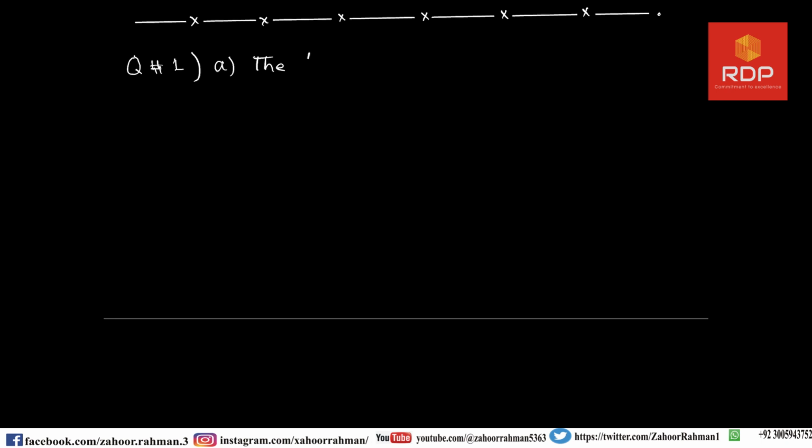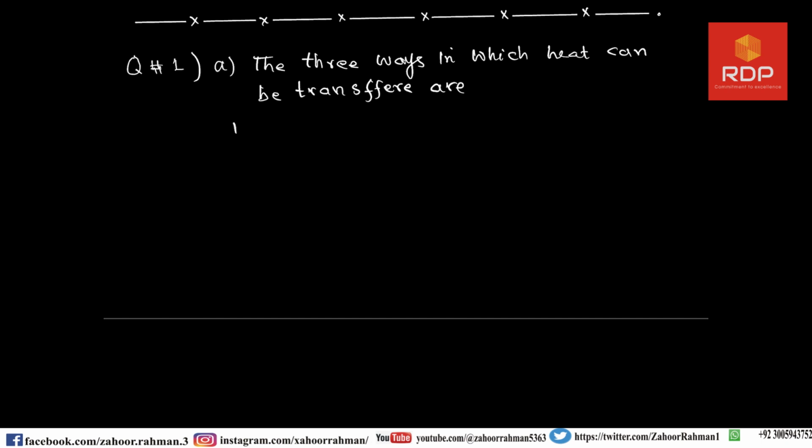The three ways in which heat can be transferred are: number 1, conduction; number 2, convection; and number 3 is the radiation.